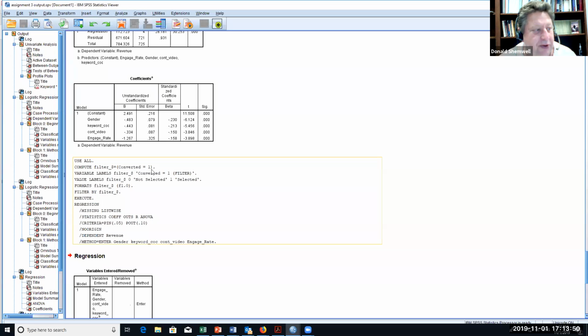And we filtered out, in this particular case, some of the people in the data set, some of the data points. And we focused on this particular set of data points where converted equals 1.